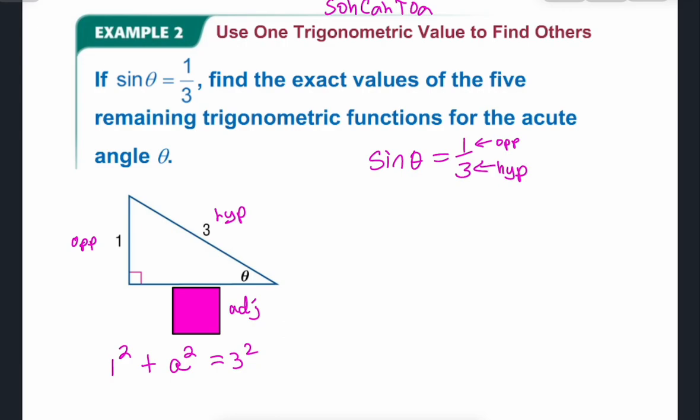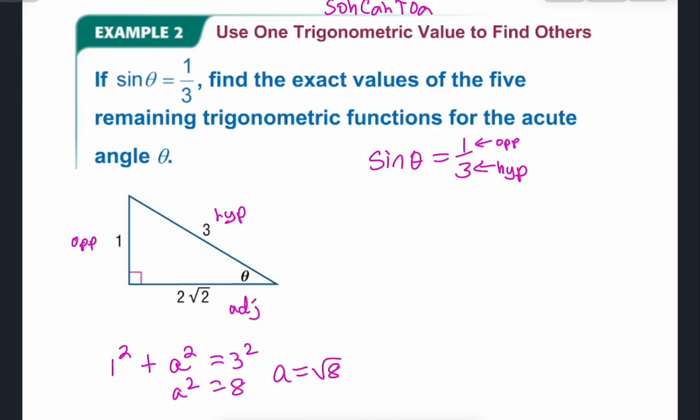That's 9 minus 1, so that's 8. So the square root of 8 is my adjacent. Now, you shouldn't leave it at the square root of 8. Hopefully you know by now, since 8 is 4 times 2, that we can write that a little nicer as 2 radical 2.